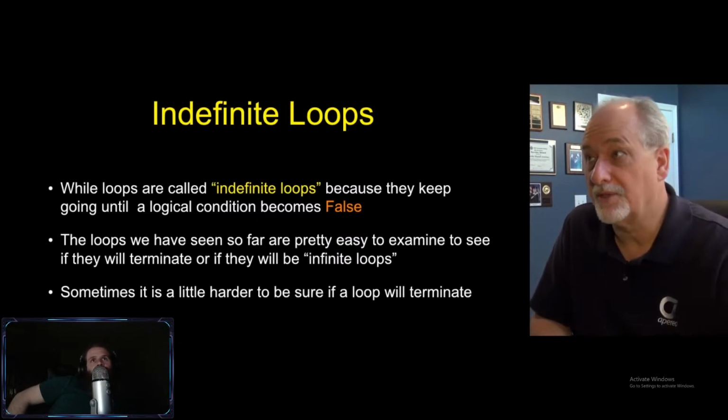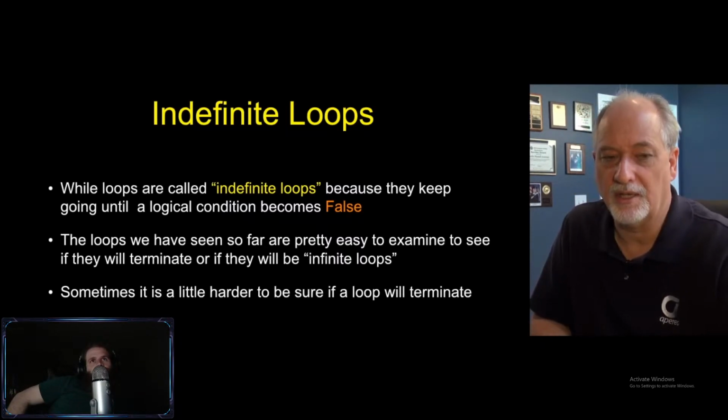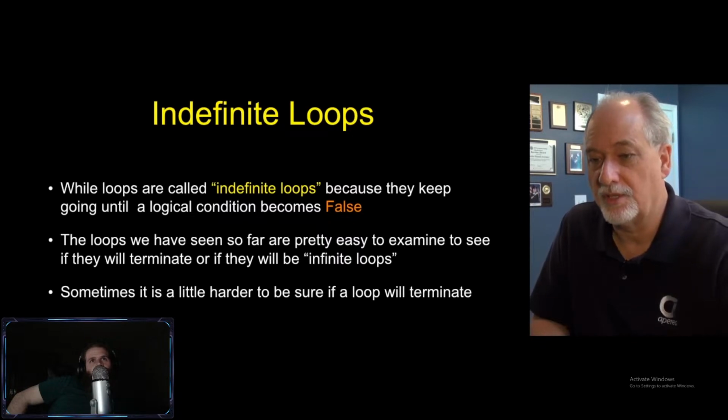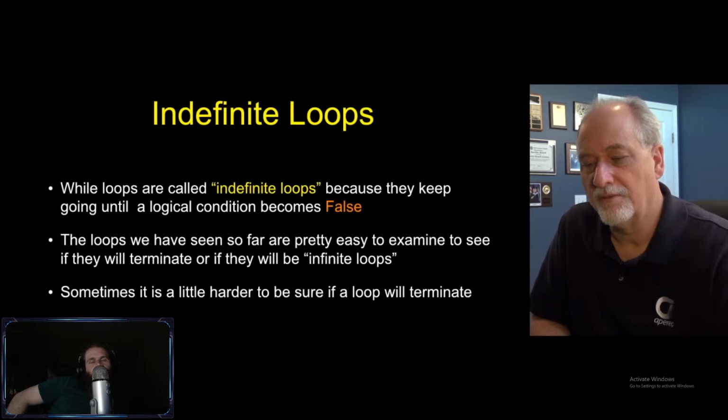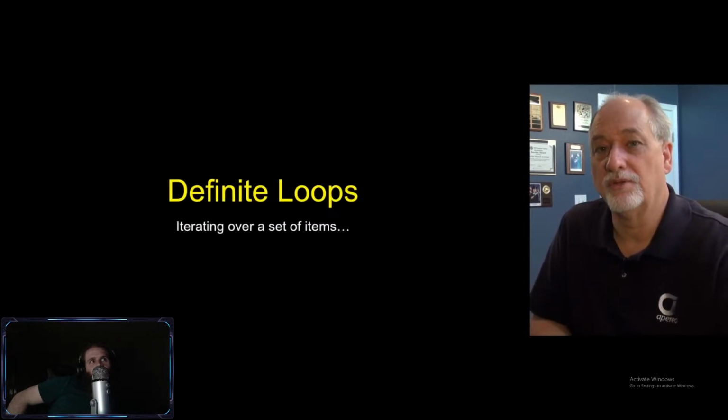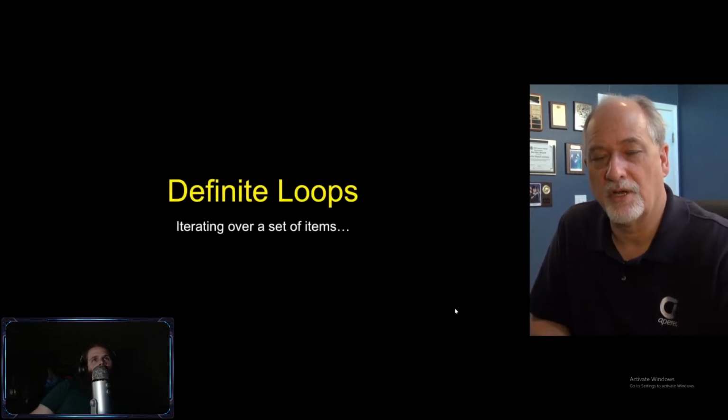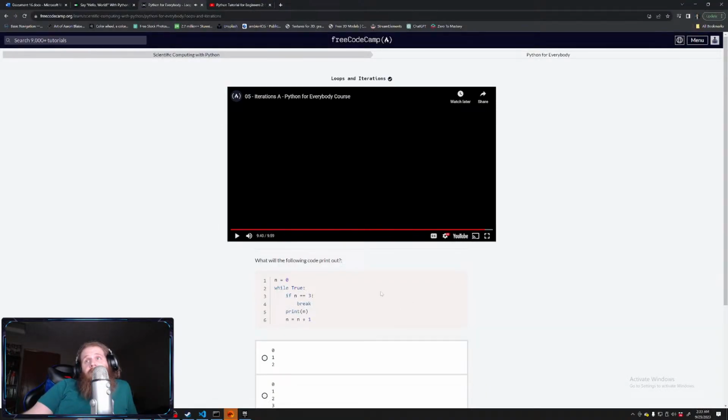But sometimes, if they're long and complex and their termination conditions are a little more complex, it's not clear that they're really going to terminate. So we can use while loops for a lot of things, but for most of our looping, we're going to use what are called definite loops, and that's what we're going to talk about next. Definite loops. I like loops. Loops are pretty cool.